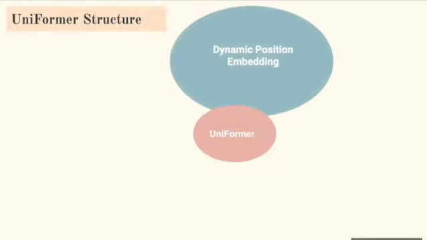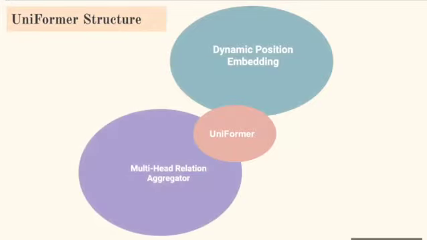Now, here we have what the UniFormer structure would look like. It has 3 main segments. The first is a dynamic position embedding, which will be explained a bit later. It's basically how different patches are encoded, how the position is encoded.